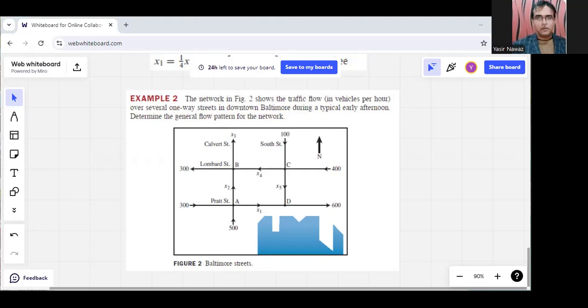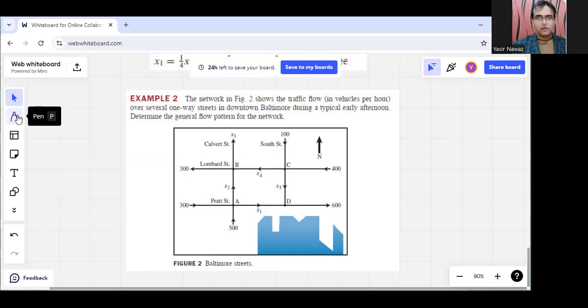So here you can see the corners, these points where the roads intersect with the other roads.